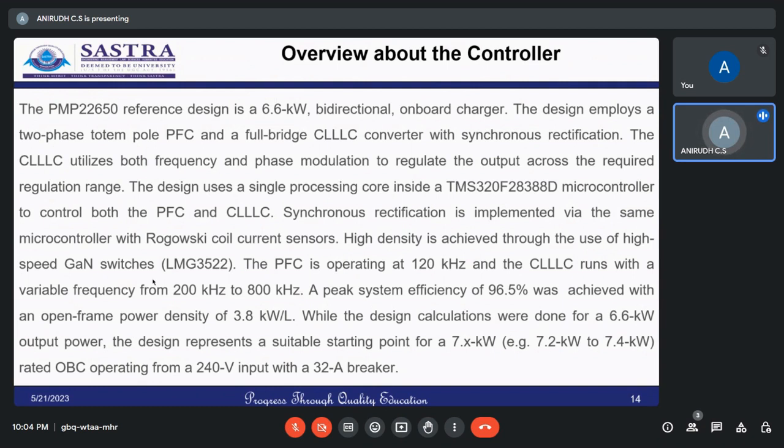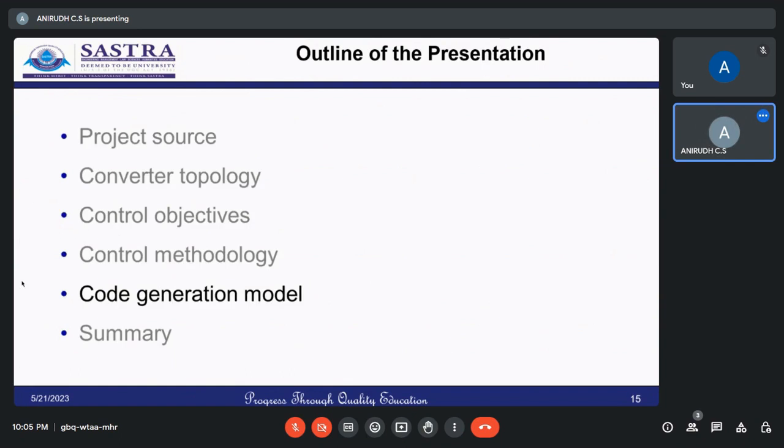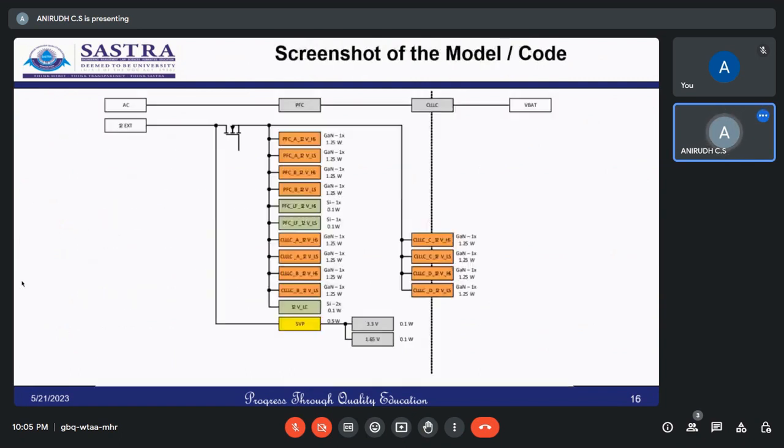The 96.5% peak efficiency of the system is achieved by 98.5% peak efficiency of the PFC and the 98.98% peak efficiency of the CLLC. While we have done the design calculations for 6.6 kilowatt output power, the design represents a suitable starting point for 7.2 to 7.4 kilowatts, and the rated OBC operates at a 240 volt input and 32 ampere breaker.